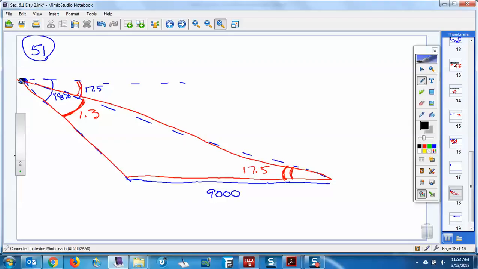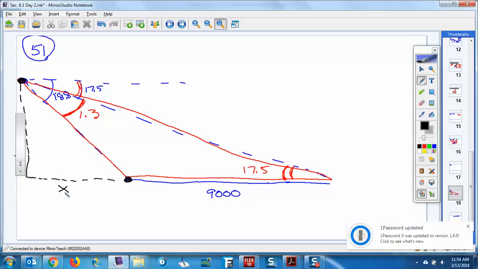What's the ground distance it travels from here to when it touches down here? That's this distance right here. That's the ground distance. Like if its shadow maybe was moving along or whatever, the ground distance the plane covers is this right here. The air distance it travels is that right there.